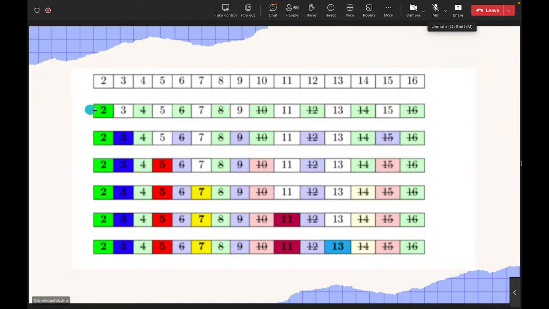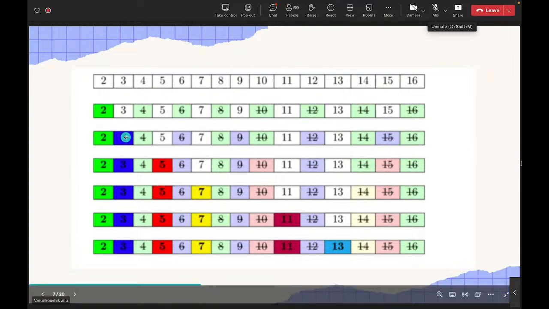All the multiples of 2 will be marked till n, which is 16 here. Then we see the next number which is not marked. That is 3. We keep on marking the multiples of 3: 6, 9, 12, 15. These are no longer primes because they are multiples of 3.